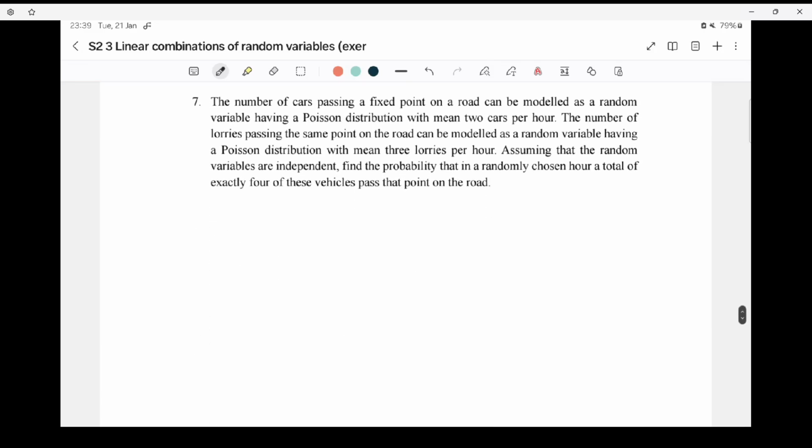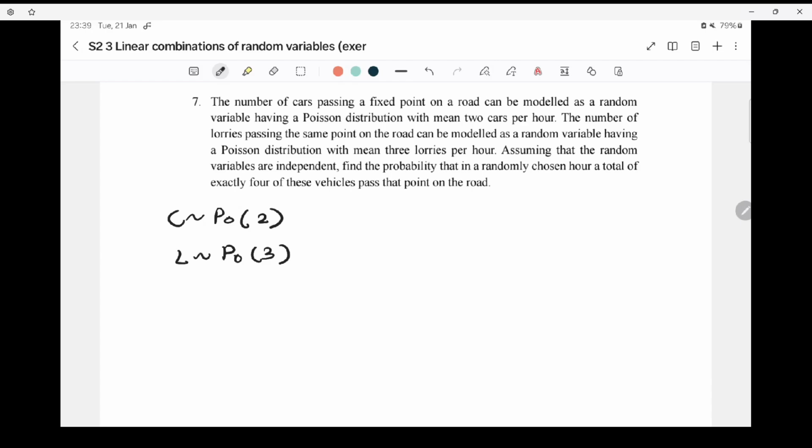Question 7. The number of cars passing a fixed point can be modeled by a Poisson distribution, 2 per hour. Lorries are also modeled by a Poisson distribution, 3 per hour.